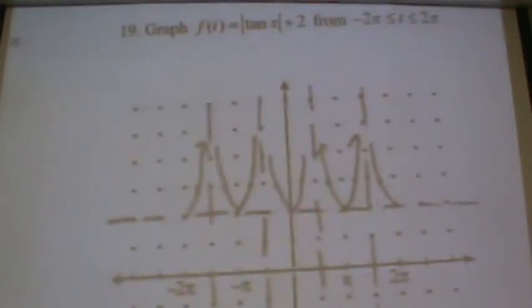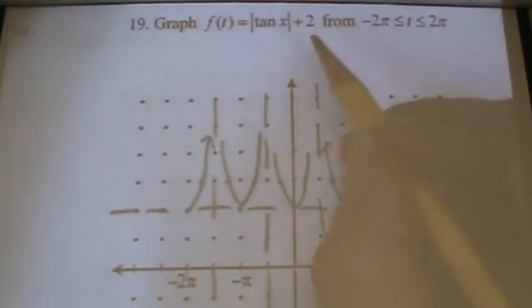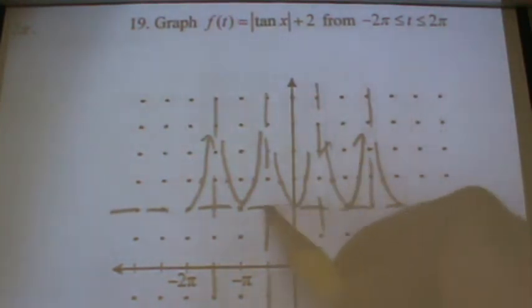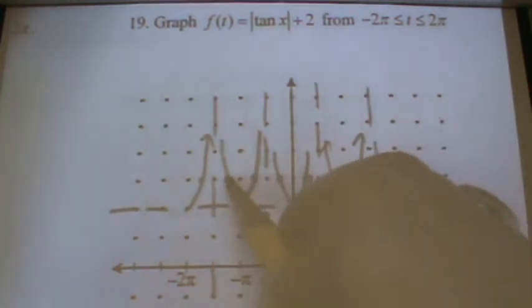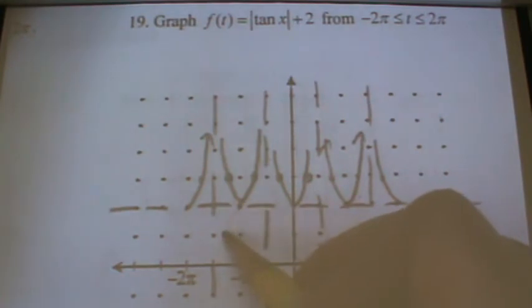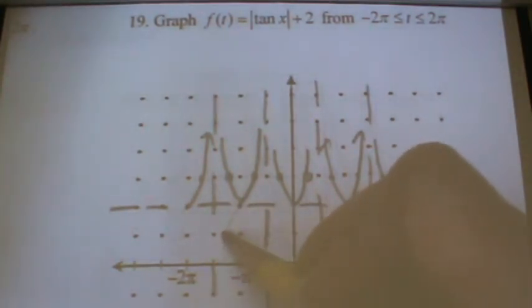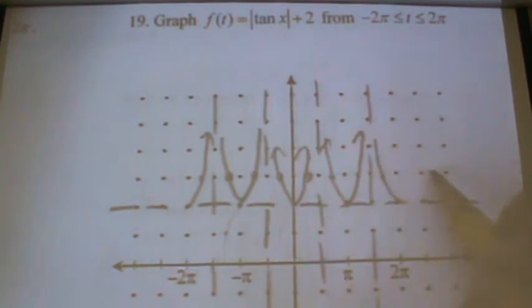And number 19, this is the absolute value of the tangent one. Normally it would look like this, and by the way, this is 2 up. Oh no, yes, 2 up right here, and the steepness is 1. See, normally these would look like this. This part would be coming down here, but because it's absolute value, this piece from here is going to go up, so that's why these are looking like this.